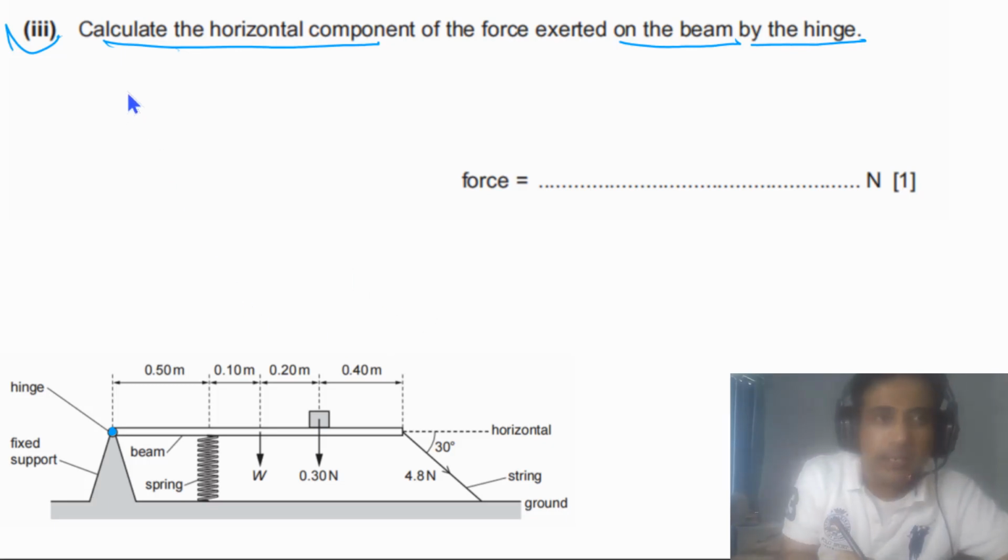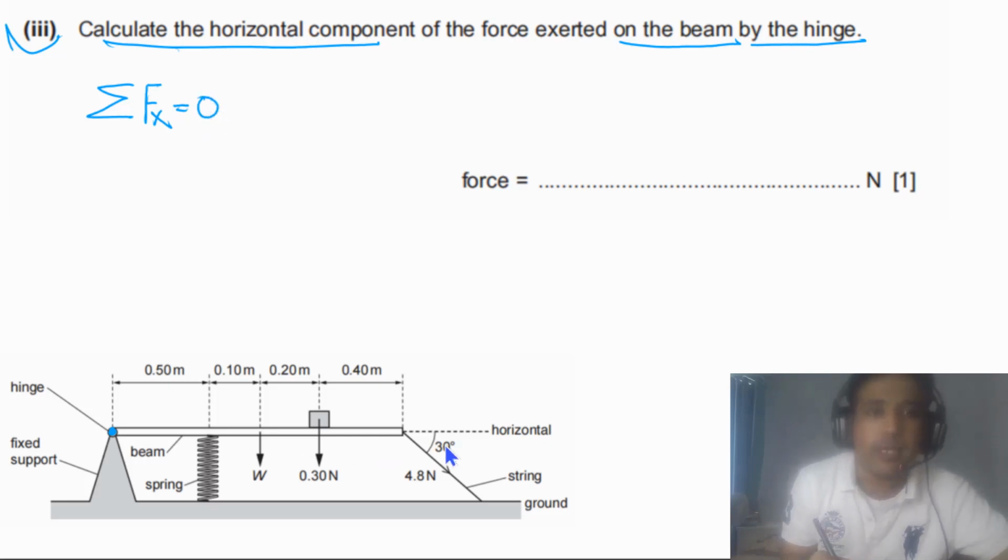So the sum of the forces along the horizontal has to be 0. We have one force acting to the right, the tension in the spring, TH, which is equal to 4.8 cosine of 30 degrees.